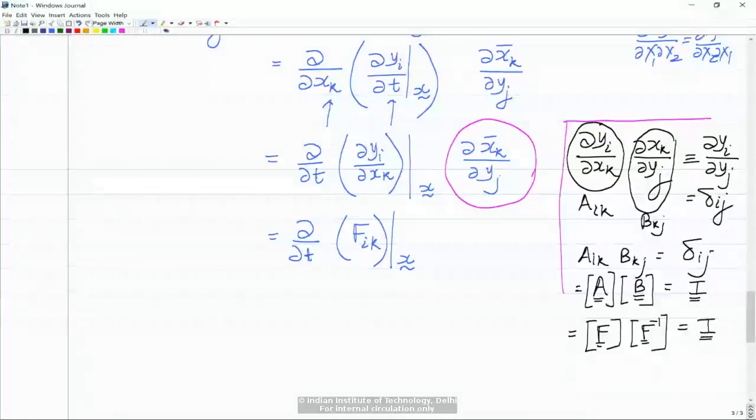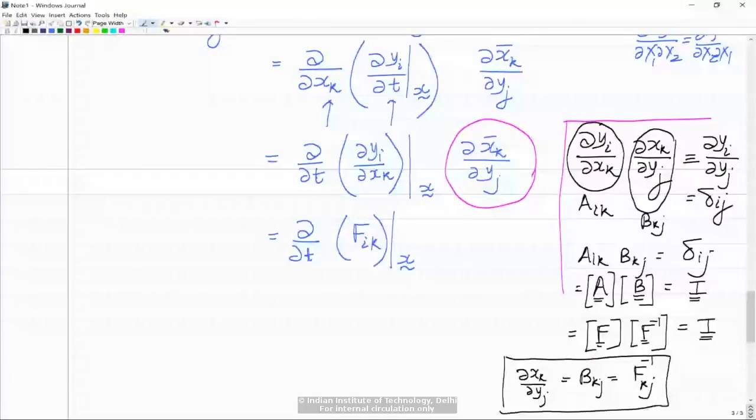So what is then bkj? bkj is big F inverse kj. And go back, your bkj was del xk over del yj. Okay, so that's your big F inverse kj. So I think Nikhil said the correct thing. Vishwas was almost correct.